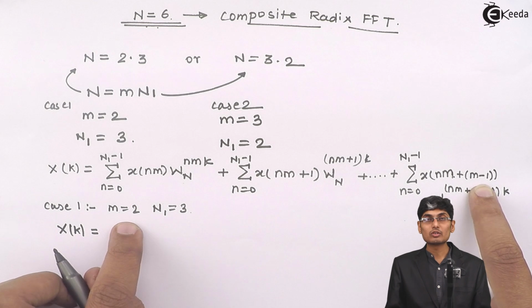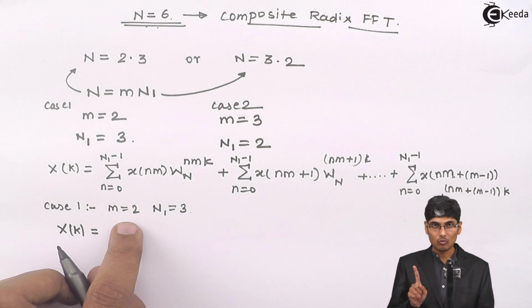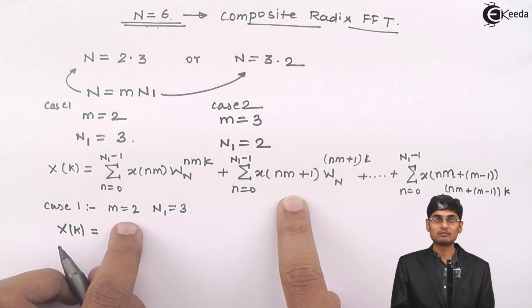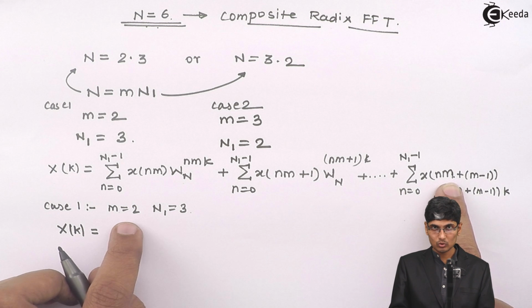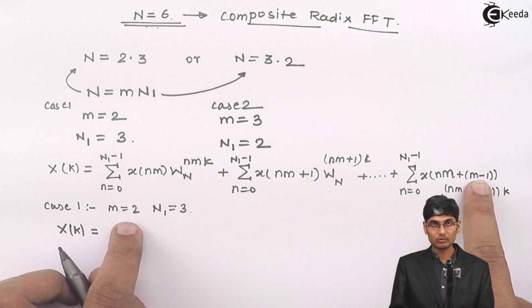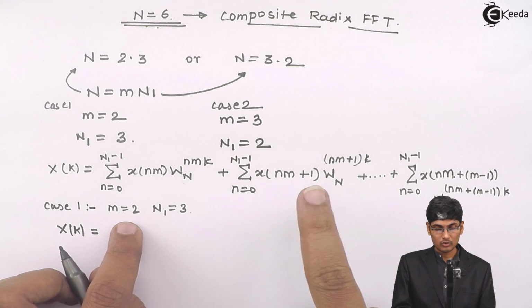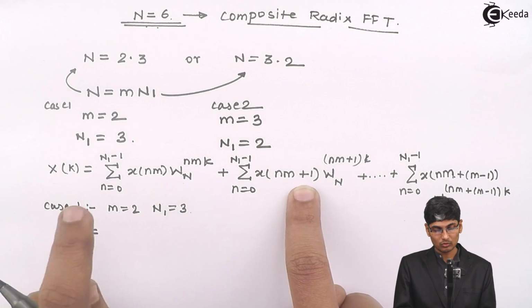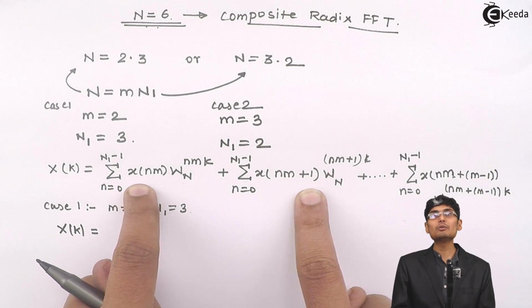So m is 2, so it will be 2 minus 1, which is 1. So only this term will sustain, because I want to go from nm to nm plus m minus 1. So it will be only till this value. So I will have the first stage and the second stage. So there will be only 2 stages.